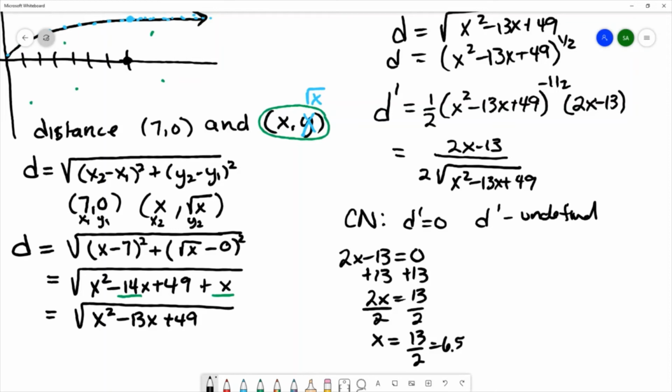And then we're going to look and see where the derivative is undefined. And that would be where this denominator is equal to 0.